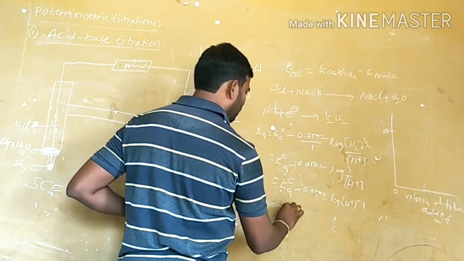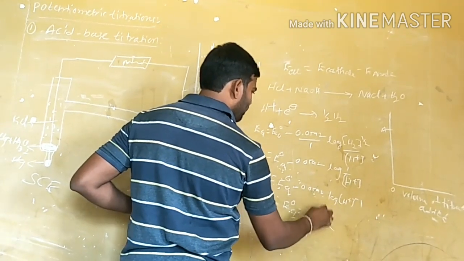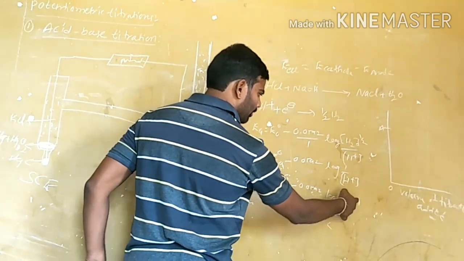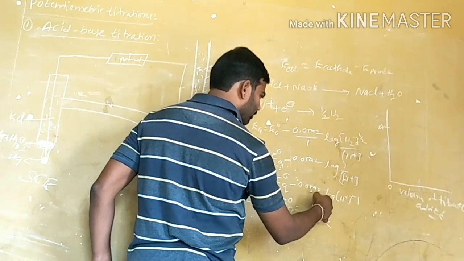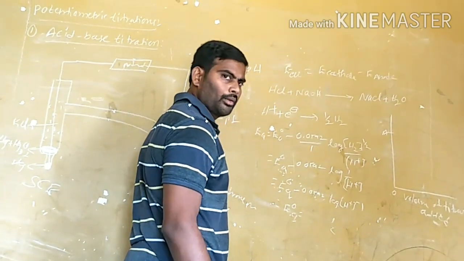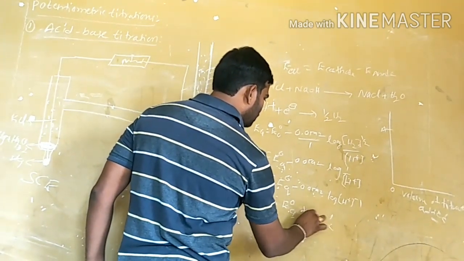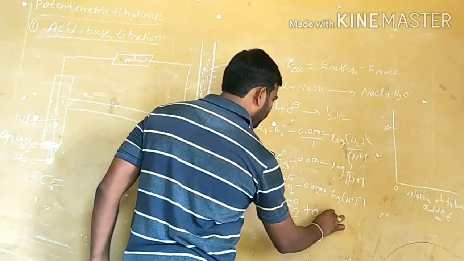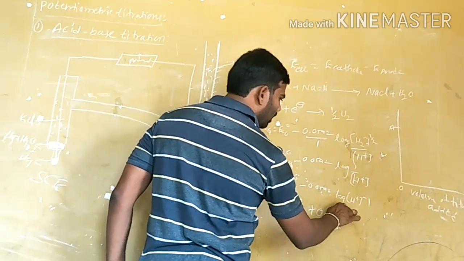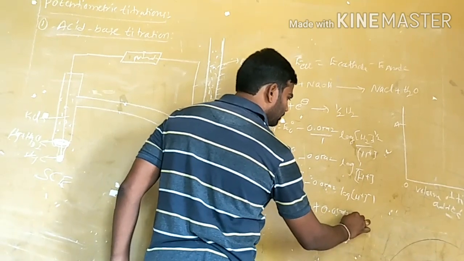From this, E naught Q is equal to 0.0592 log H plus of minus 1. We are taking it to the front side. Log a to the power of minus n becomes minus n log a. With this we get the positive 0.0592 log H plus.